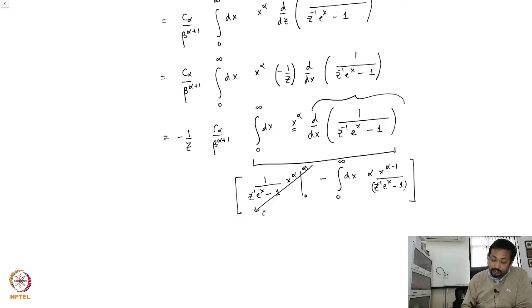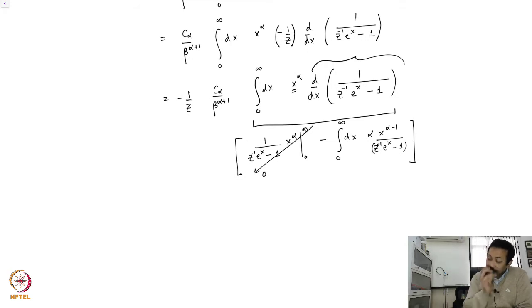This vanishes in both the limits. When x is equal to 0, you have it identically 0. When x is equal to infinity, the exponential blows up, and this also vanishes. So in the two limits, the first term vanishes, so that the alpha, I can bring it in front, and I have minus alpha over z C alpha beta alpha plus 1.